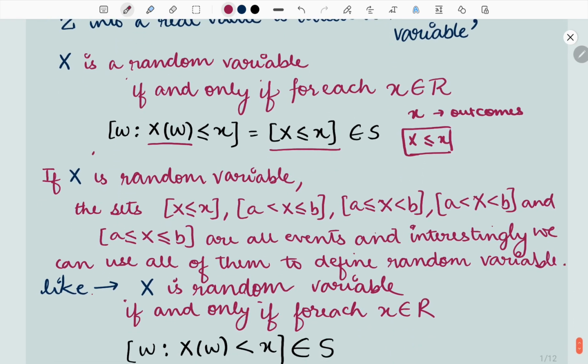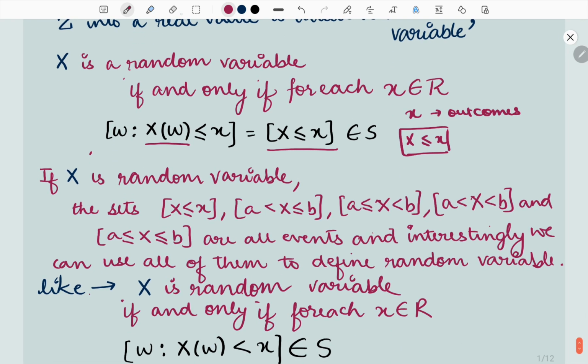So if x is a random variable, the sets x less than or equal to x, with a and b any constants which belong to x.